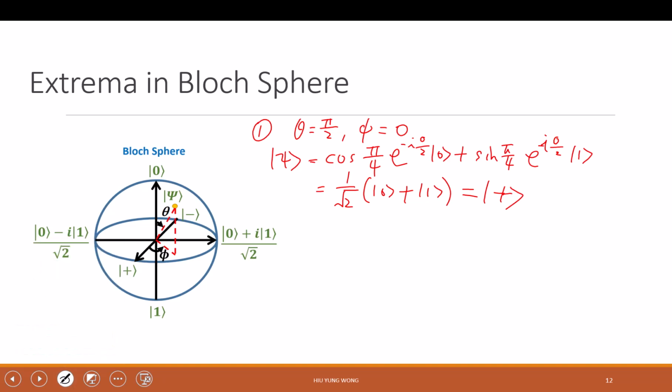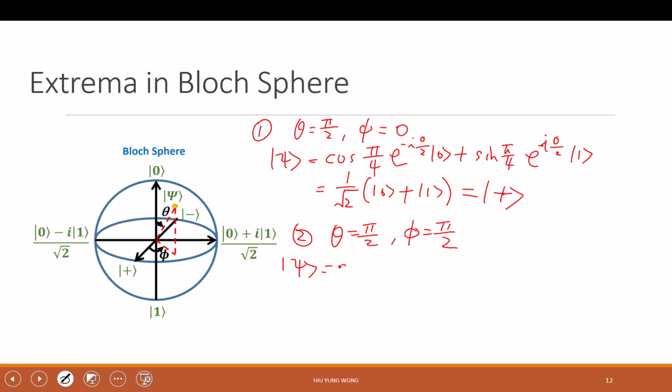Let me finish the last one. What about theta equal to pi divided by 2, but phi equal to pi divided by 2? This time, theta is pi divided by 2, but I need to rotate this by pi divided by 2, so I should get this state, which is an eigenstate of sigma y, right? So let me just plug in.